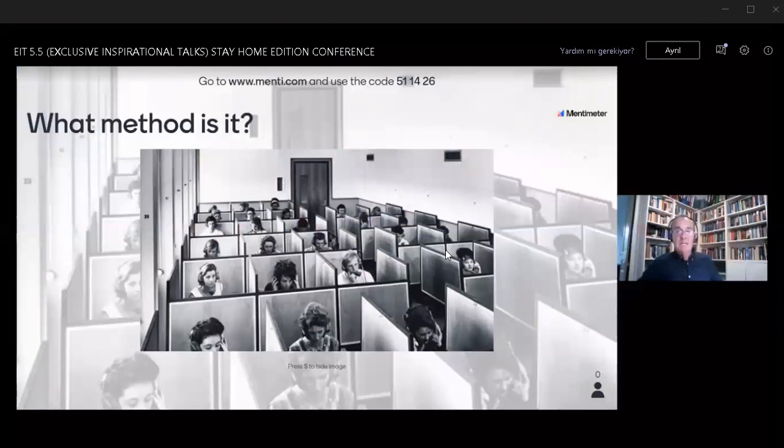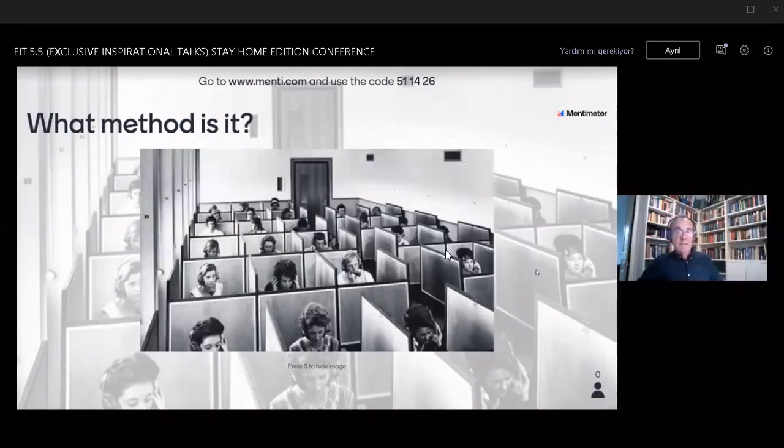When you get into menti.com and use that code, then can you choose the method that's represented? Okay, we'll wait a minute or two for people to get on board. And then we'll start to see, hopefully, some results.